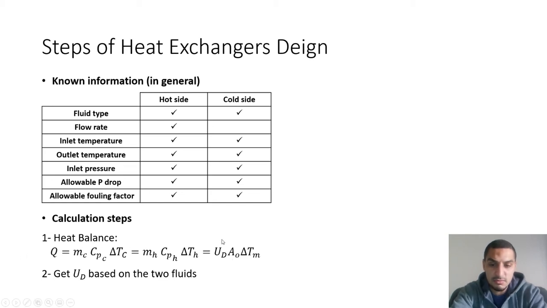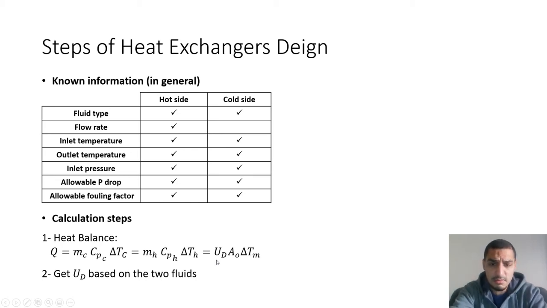By substituting in this equation, we can get the mass flow rate, which is the missing flow rate, and we can get the Q, the duty that we want to achieve. And we still have some information here that is not known, and this is the information that is related to the design, actually. And we will see that in detail.